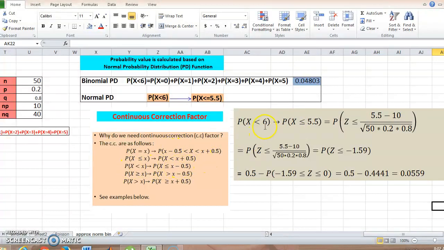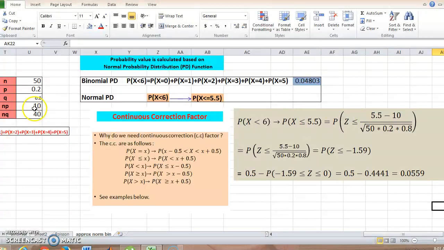That is the reason I subtract 0.5 from 6. I will get 5.5 here. Since we are now at normal random variable, how do we solve this kind of probability problem? We have to transform from x random variable to standard normal random variable. How do we transform? It is simply minus the mean.